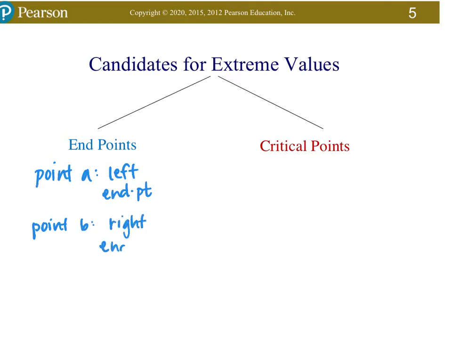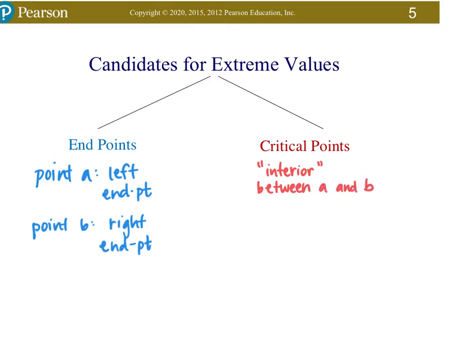So those could be the candidates for extreme values. The maximum might happen, or the minimum might happen on the endpoints. You also have critical points, which are what are called interior. They have to be between point A and point B.